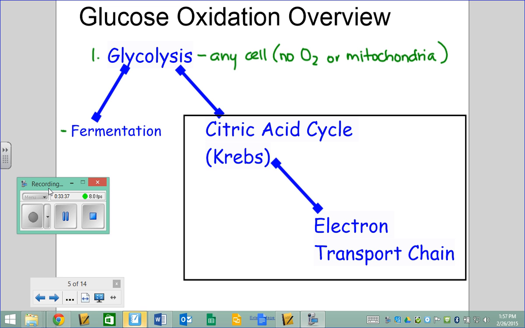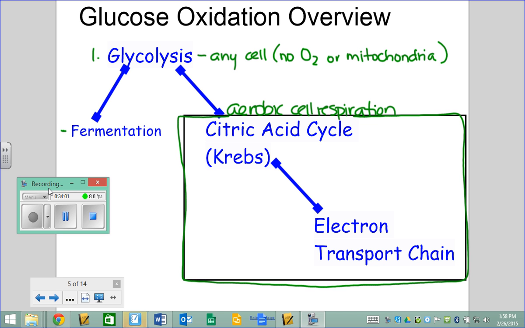If aerobic cellular respiration is going to happen, we have to follow a different pathway. Aerobic cellular respiration requires oxygen, like we said, but it also requires a mitochondria. So I put this big box around these two parts to represent mitochondria.